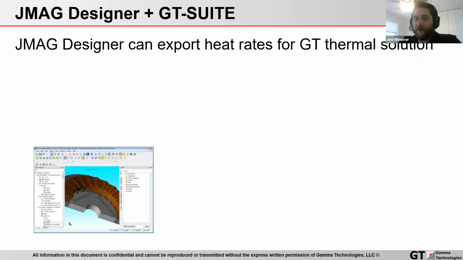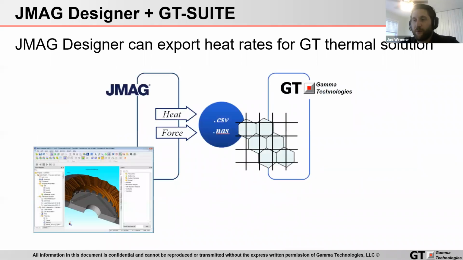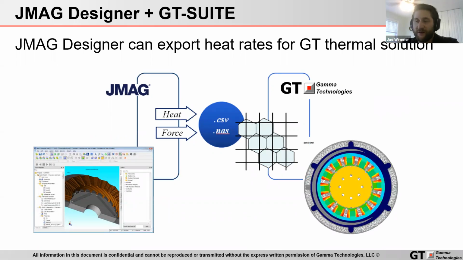JMAG Designer also has the ability to export heat transfer rates as well as forces in the form of CSV and Nastran files that in GT we can actually import into our finite element capability as well.